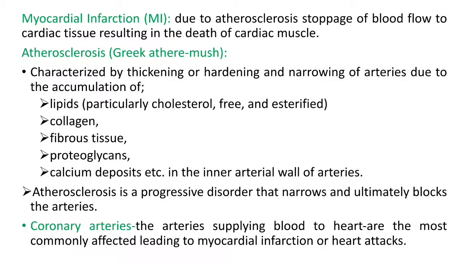These accumulate in the inner arterial wall of arteries, mainly coronary arteries, which supply blood to the heart. So atherosclerosis is a progressive disorder that narrows and ultimately blocks the arteries.